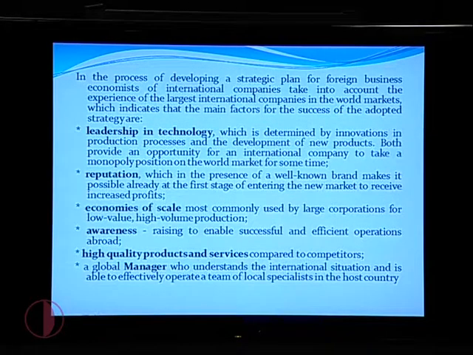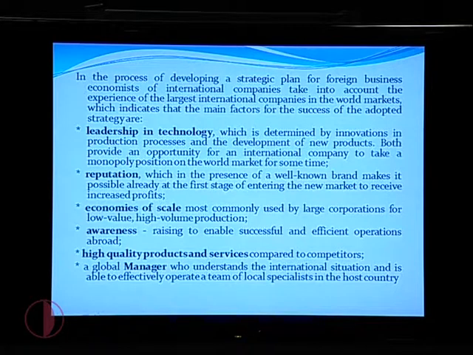In the process of developing a strategic plan for foreign business, economists of international companies take into account the experience of the largest international companies in the world markets, which indicates that the main factors for the success of the adopted strategy are leadership in technology, which is determined by innovations in the production process and the development of new products. Both provide an opportunity for an international company to take a monopoly position in the world market for some time.